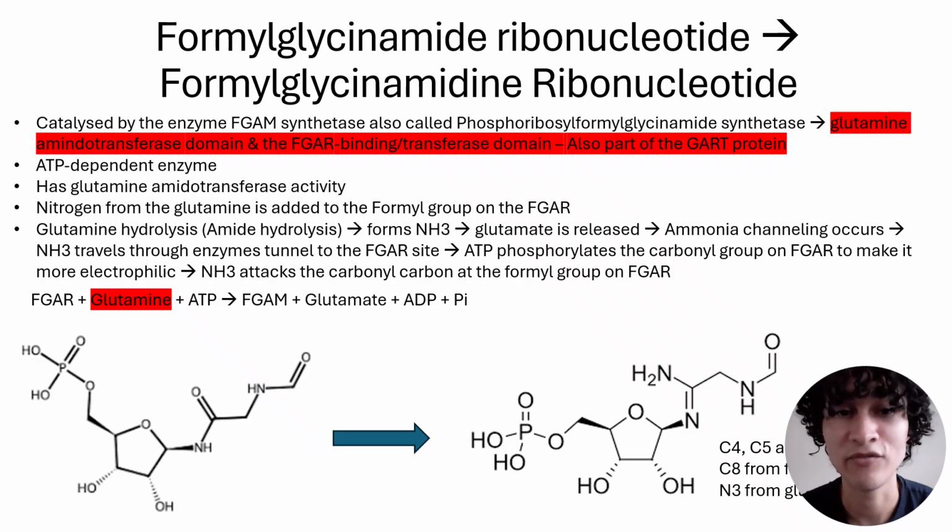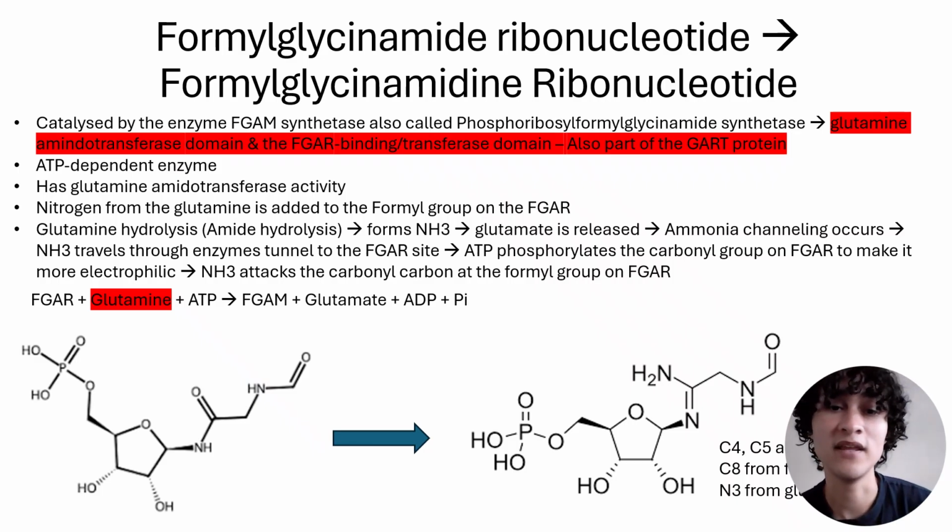The FGAM synthetase domain has amide hydrolytic properties, able to isolate that amine group from glutamine, giving you glutamate. It's an ATP dependent enzyme. The ATP is needed to phosphorylate the carbonyl group on our formyl glycinamide ribonucleotide to make it more electrophilic, to allow that NH3, the amine group from our glutamine, to bond to the carbonyl carbon at the formyl group, and that will give us formyl glycinamidine ribonucleotide.